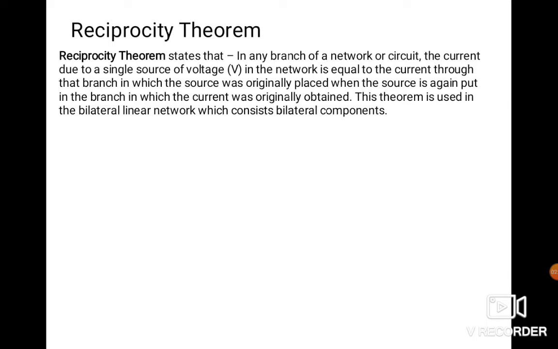The effect will be the same. So this is the meaning of the reciprocity theorem's statement. It finds wide utility in the analysis and design of systems and also in the area of measurement. So this theorem is very applicable in the field of measurement.